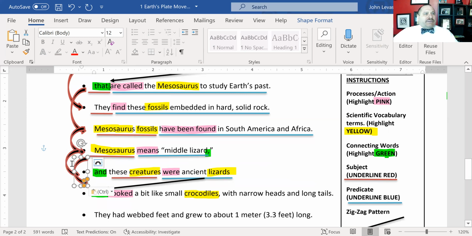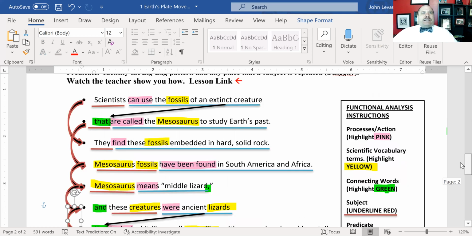And don't we yet have another example of, yep. These creatures, the ancient lizards that look like, so we've gotten this. The idea has been brought down from the predicate, and it's also a repeat of the subject as well. So I'll leave the rest for you to do.